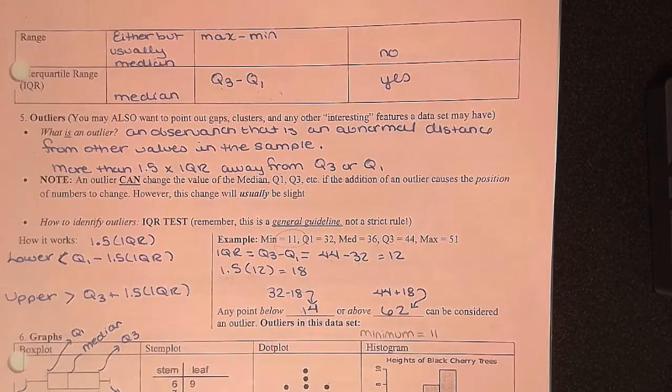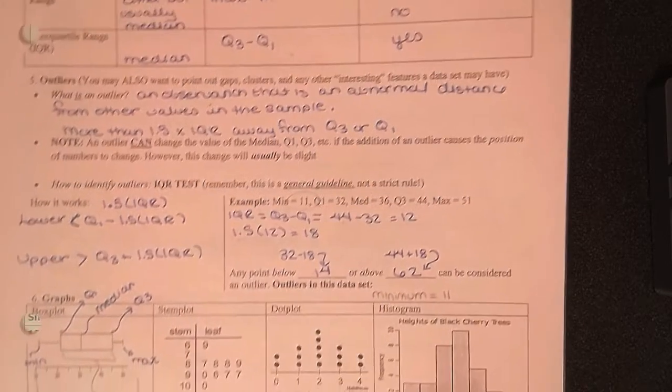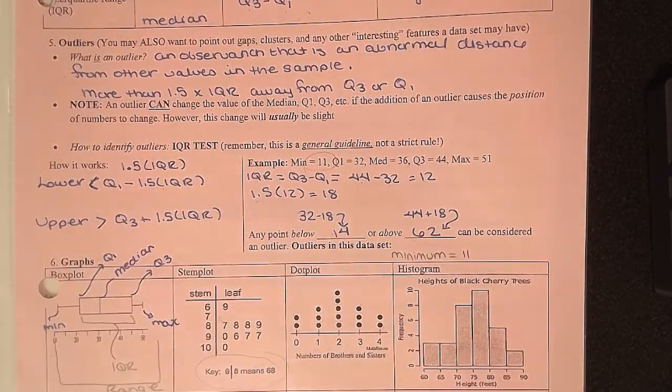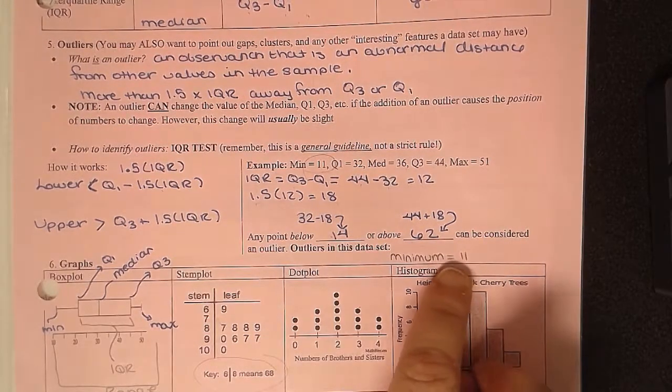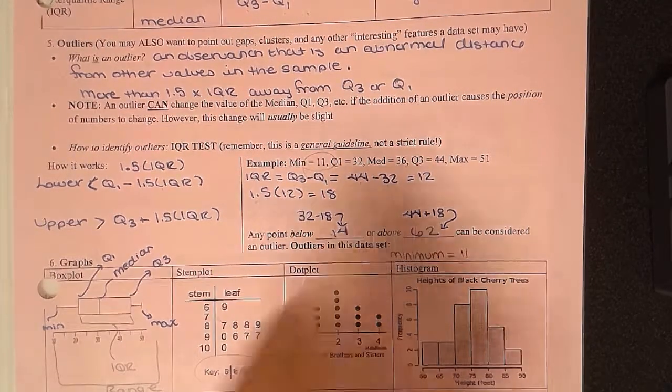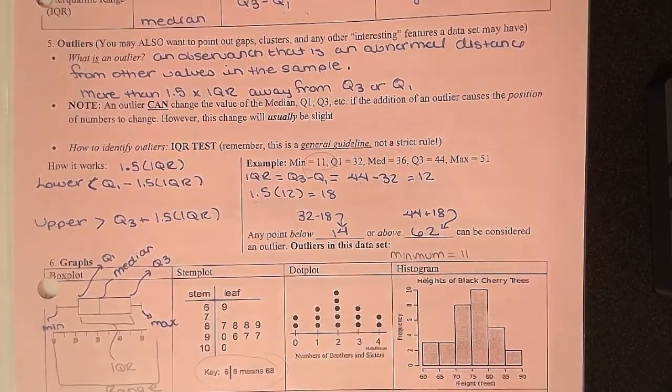Multiply that by 1.5, and then subtract it from Q1, and anything below that is an outlier, and then add it to Q3, and anything above that is an outlier. Okay? And we used an example where we're given this information, and we're saying, okay, is there an outlier here? Well, the minimum here is considered an outlier because it's below, using our IQR rule, 1.5 times the IQR, taking it away from Q1.